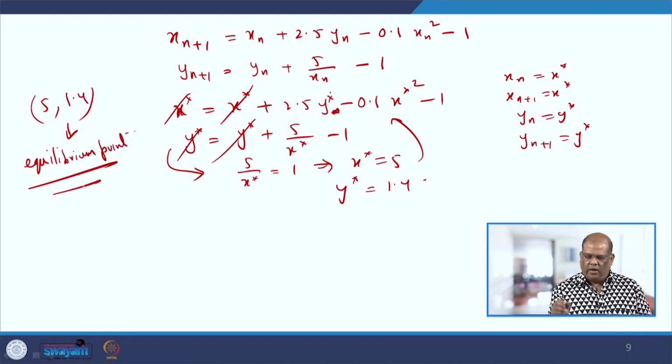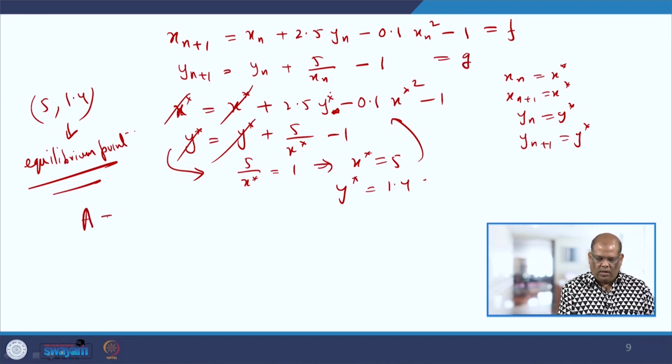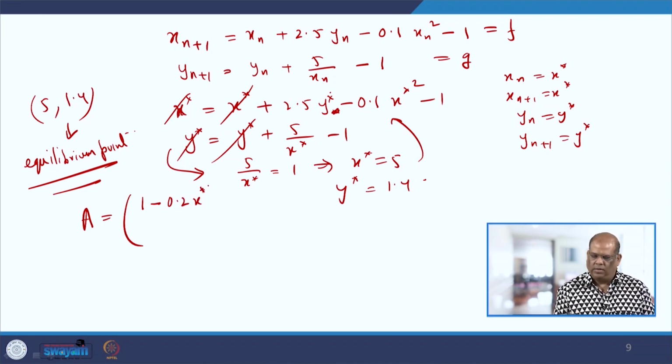and you can easily check that this equilibrium point is unique. And once you do that, then you calculate the Jacobian matrix. So, what you do is state this as F and this as your G. So, your matrix A is going to be, you differentiate this with respect to x and you get 1 minus 0.2 x star.